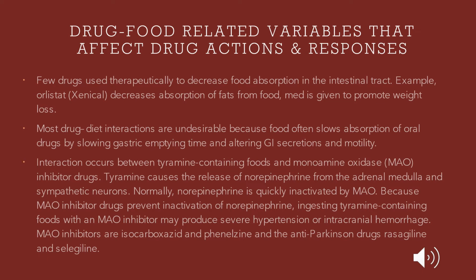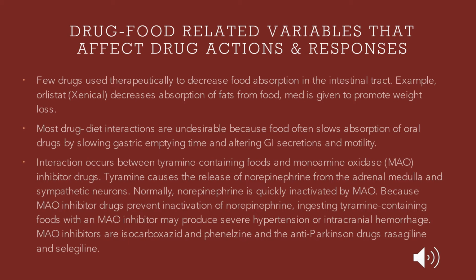One such interaction occurs between tyramine-containing foods and monoamine oxidase inhibitor drugs, the MAOIs. The tyramine causes the release of norepinephrine, a strong vasoconstricting agent, from the adrenal medulla and sympathetic neurons.